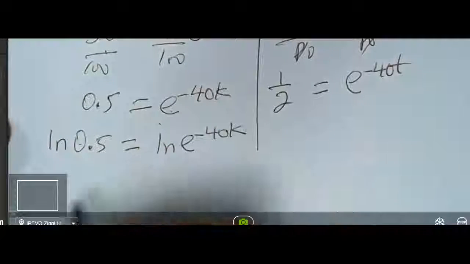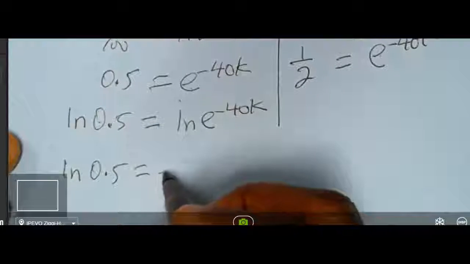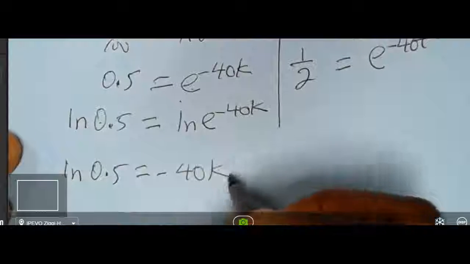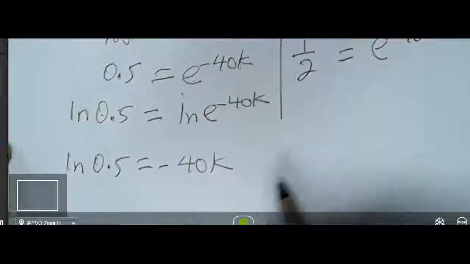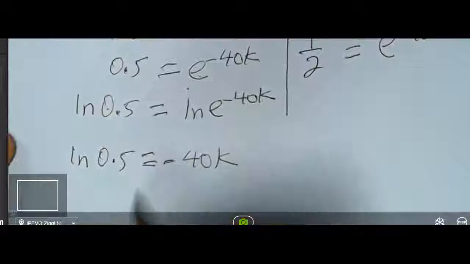So this brings down the exponent. So we have natural log of 0.5 is equal to negative 40K. Okay, because this becomes 1 when you bring that down.